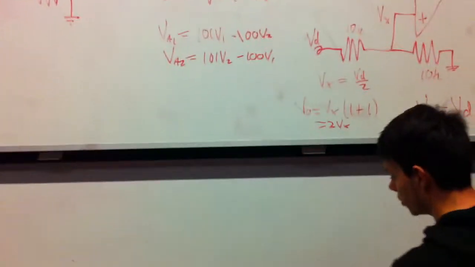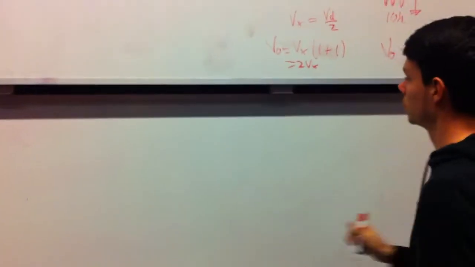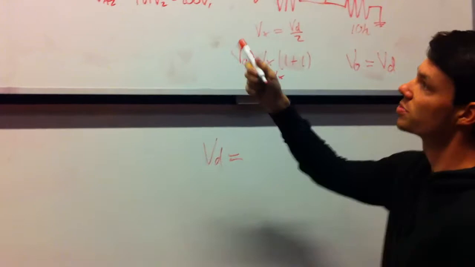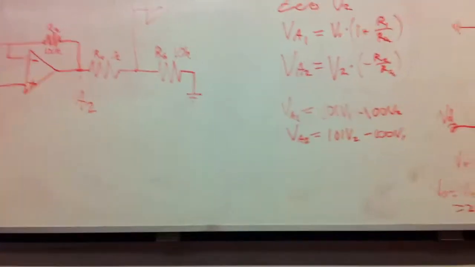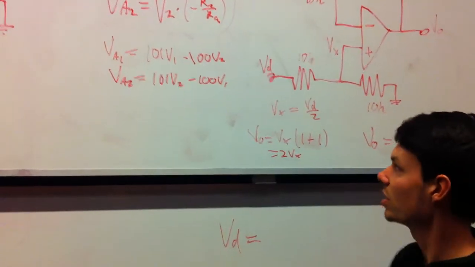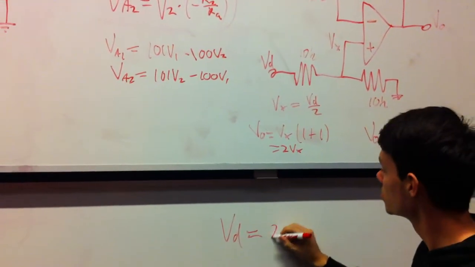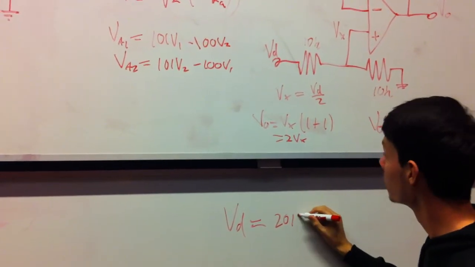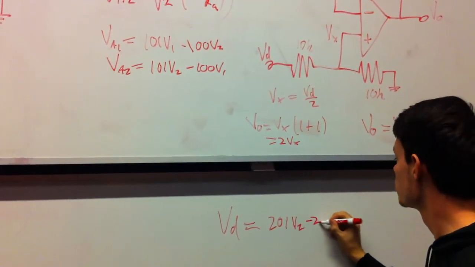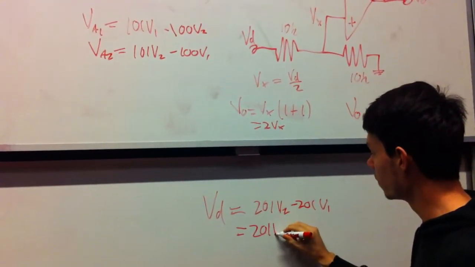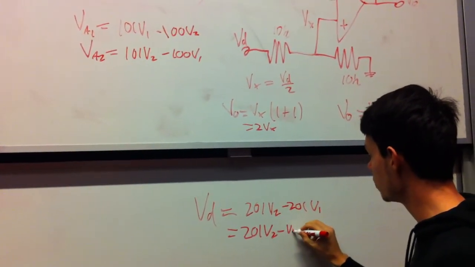Let's do that. VD is equal to the difference between VA1 and VA2. So if we subtract those two, VA2 minus VA1, we get 201 V2 minus 201 V1, equal to 201 times V2 minus V1.